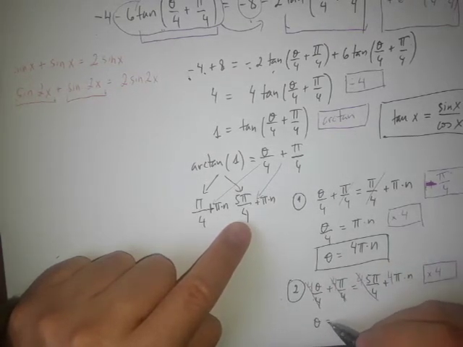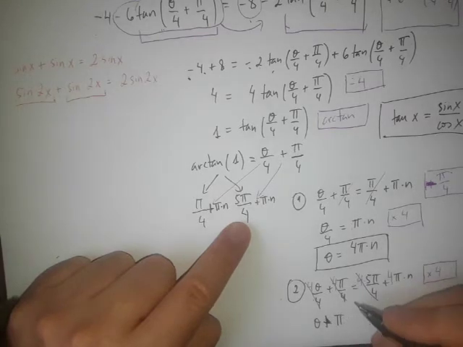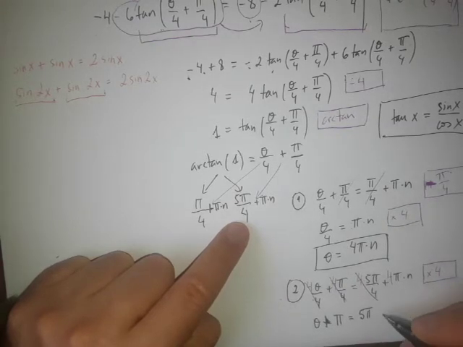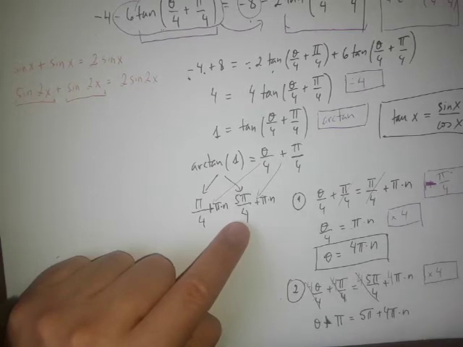So we have theta plus pi equals 5 pi plus 4 pi times n, right? And then the last thing is just subtract pi both sides.